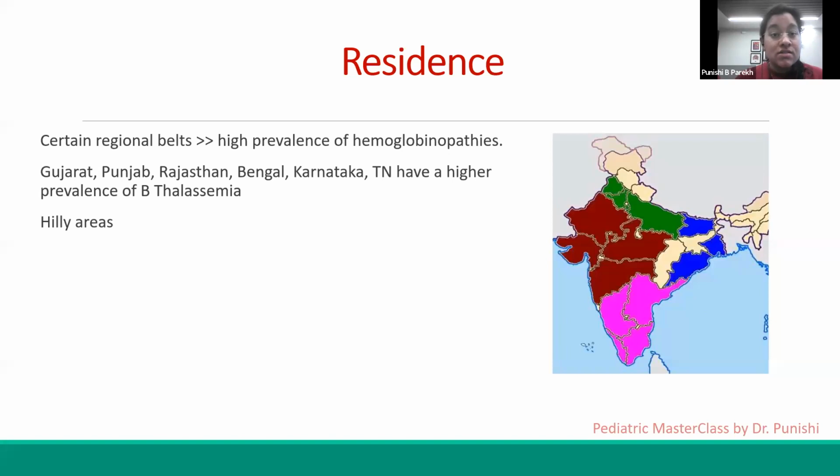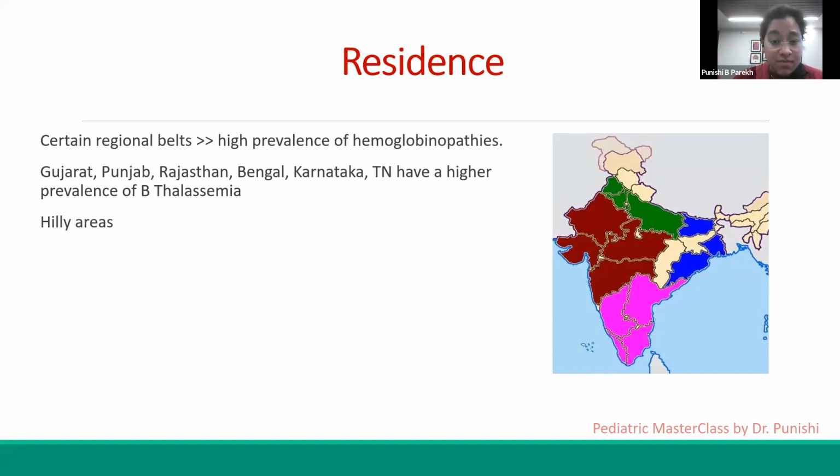Now, residence. Residence is extremely important when it comes to a case with anemia. Because there are certain regional belts in the country, like the ones that are shaded, that have a higher prevalence of hemoglobinopathies as compared to the other parts of the country. If you look at this map, states like Gujarat, Punjab, Rajasthan. In the south, you have Karnataka, Tamil Nadu.